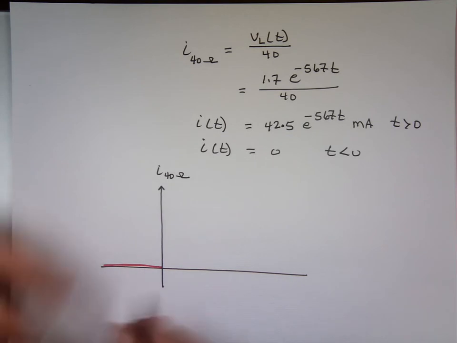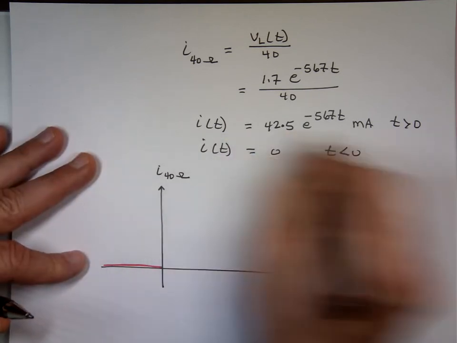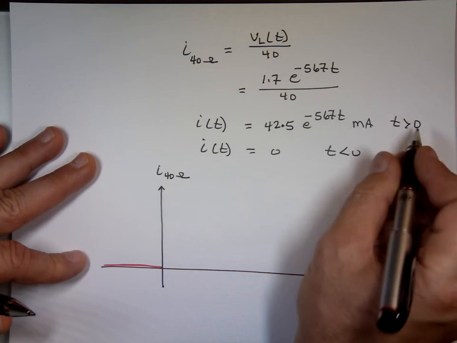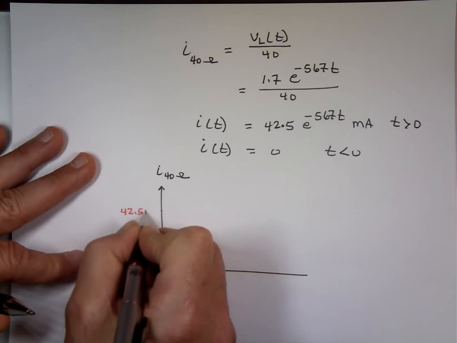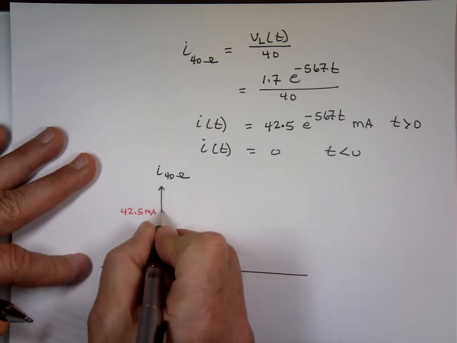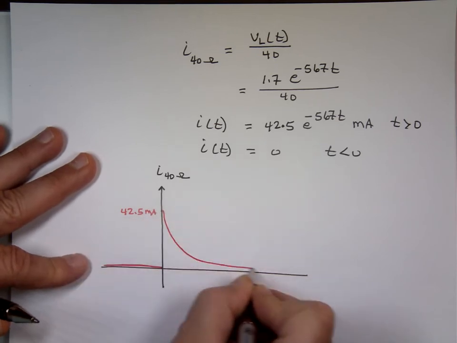Then for t greater than or equal to 0, I went to 42.5, that's the 42.5 milliamp here. And it went like this. So it jumped up there, and it came down.